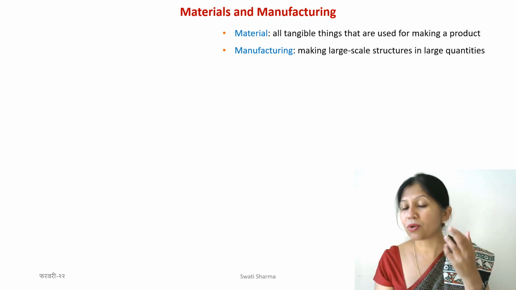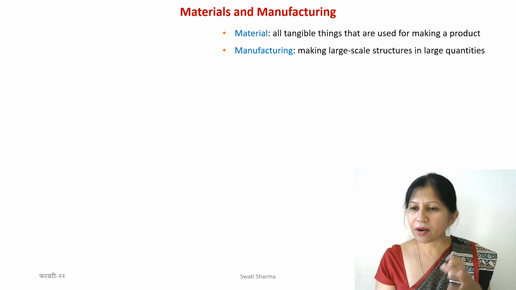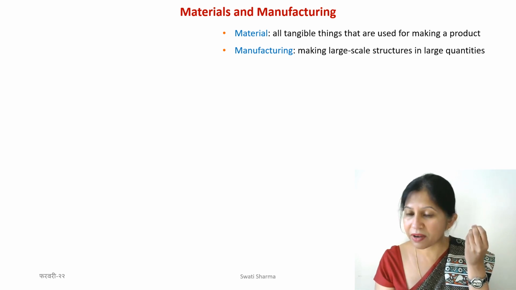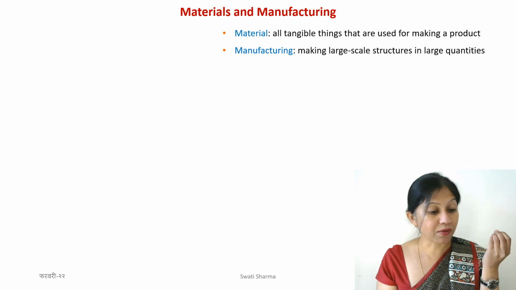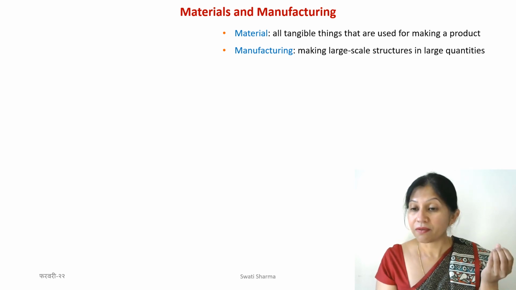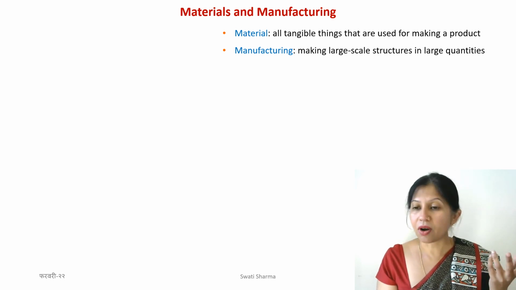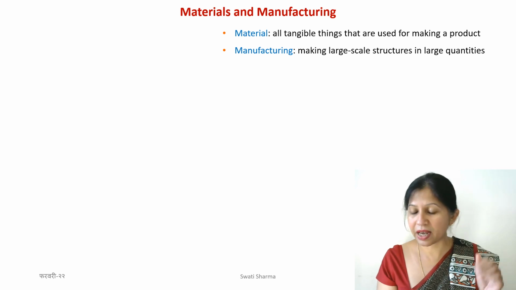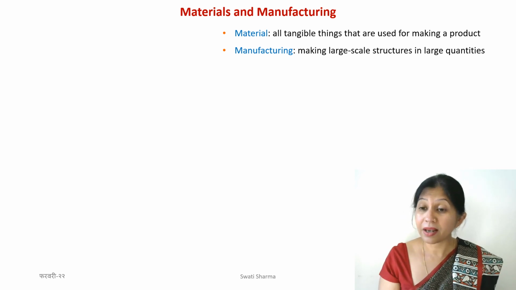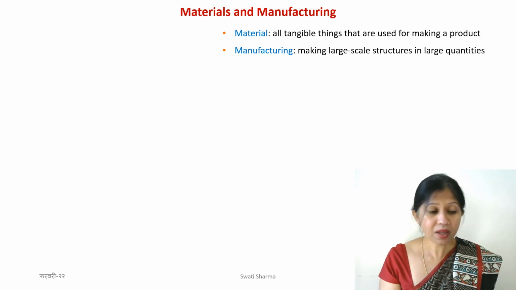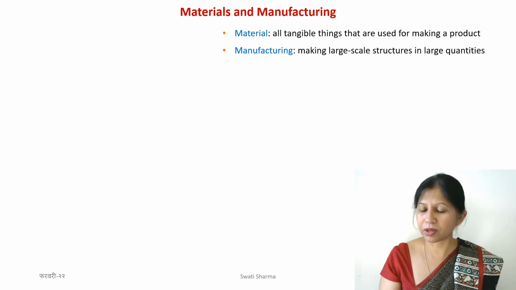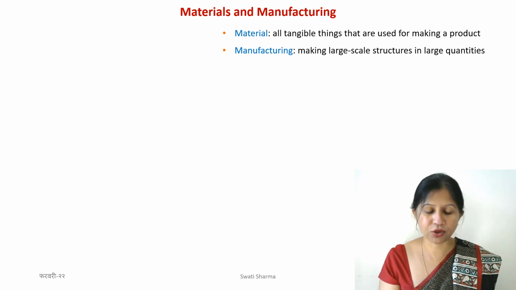I wrote large scale structures because of nano materials, which we will probably come to at some point. Nowadays nano scale things are very, very small, and some of the electronic devices utilize those very small components. We can also call that manufacturing, but that's a different area altogether. What we are going to discuss in this particular course is large scale, something you can hold in your hand.